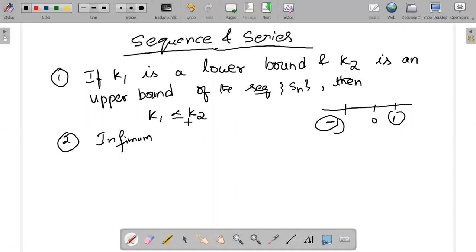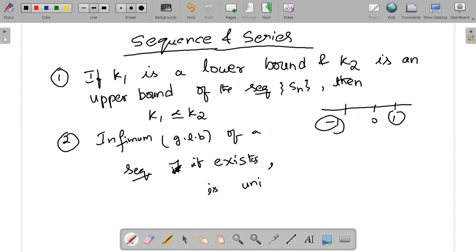It is also called the greatest lower bound of a sequence, if it exists. If it exists, it is unique.